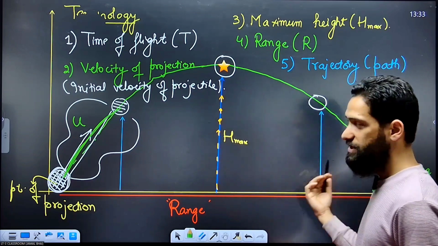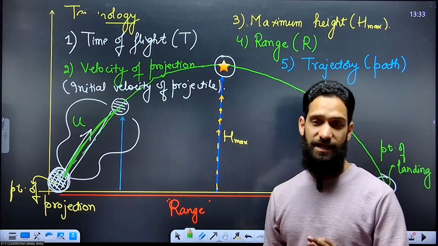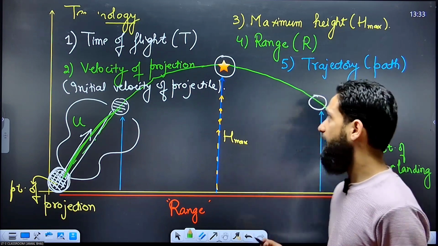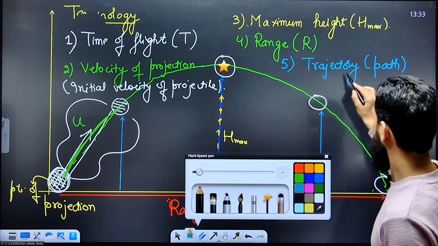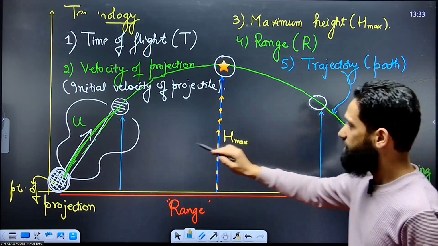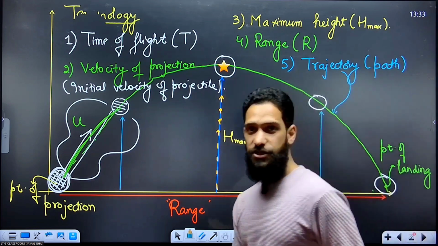Throughout the motion of this projectile, the body has taken one certain path, and that is called the trajectory of the body. Here, the trajectory of the body is this line which I have drawn in green color.